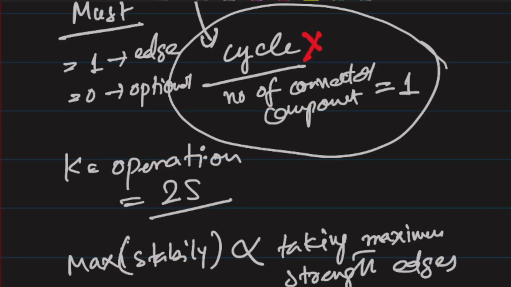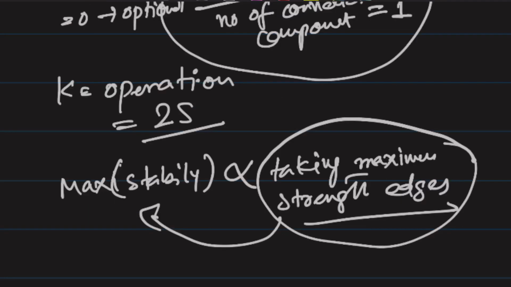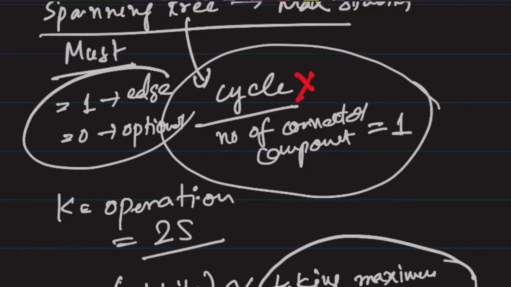If we are taking maximum strength edges, then the minimum of those will always give us the maximum stability of the tree. Another thing we have is the must: if it is one, we have to always take it.